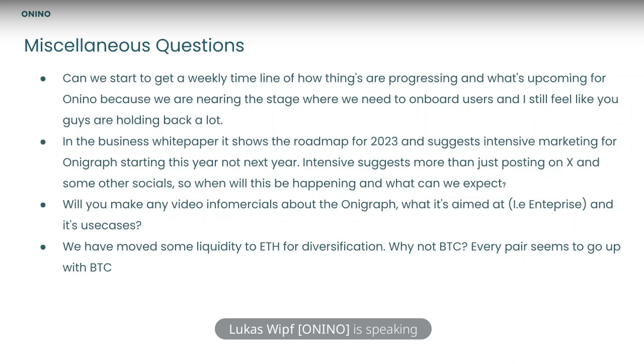So that was more a strategic decision. And also, we believe that no matter if it's ETH or Bitcoin, in the long run, the difference will not be too great. So these are our reasonings behind making that move.